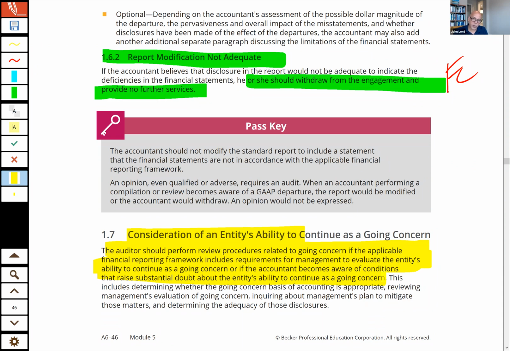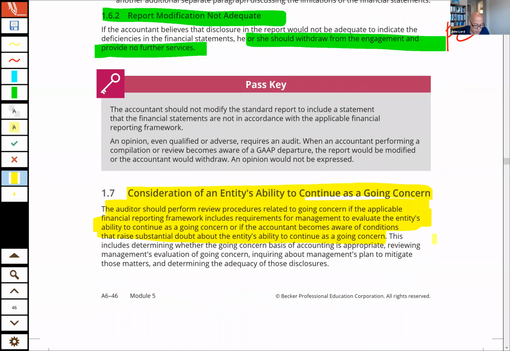Here, we're considering going concern because presumably the applicable framework required that the entity disclose issues about going concern. And since we have to review the statements to see if there are material modifications needed to comply with the applicable framework, then I guess we would have to do some going concern work, right? So let's just take a look.